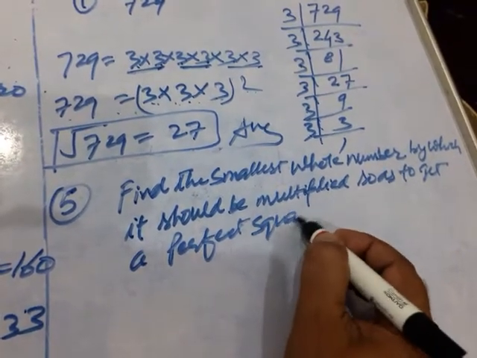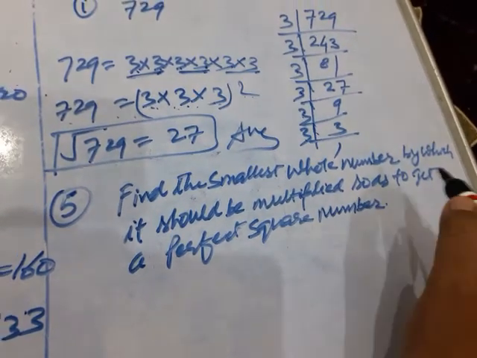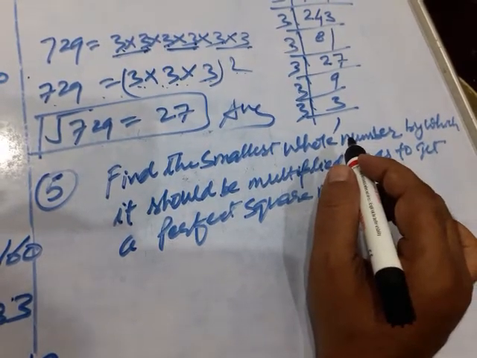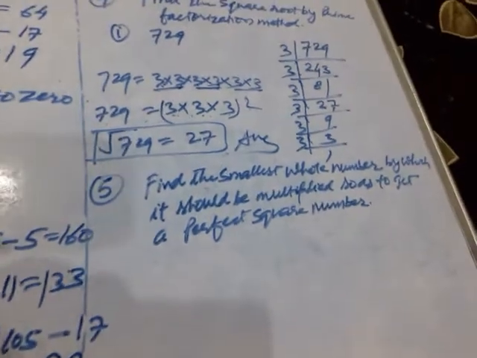Also find the square root of the square number so obtained. Clear children? Okay, let us start.